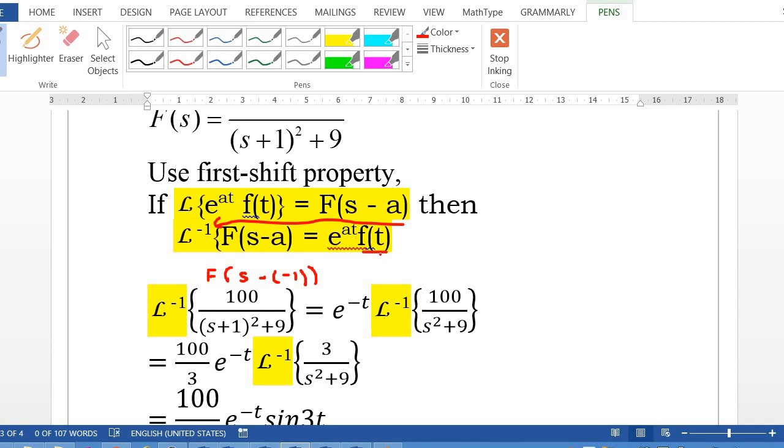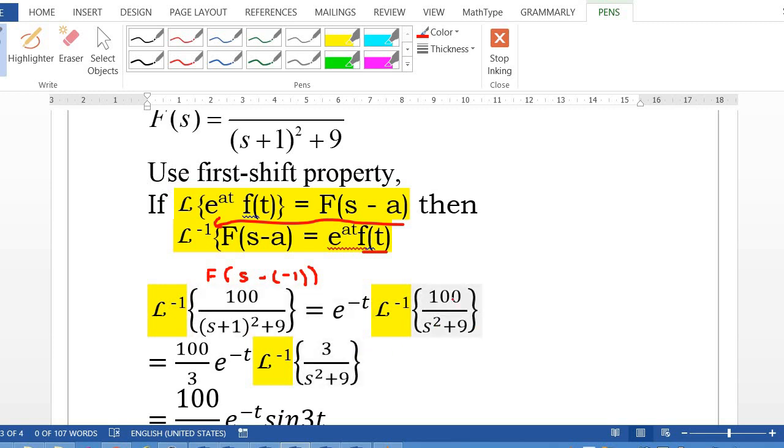How do you get f(t)? It is the inverse Laplace of your F(s). How do you get F(s)? The s plus 1 here, you just replace back by s. So e to the negative t times f(t), where f(t) is the inverse Laplace of 100 over s squared plus 9.